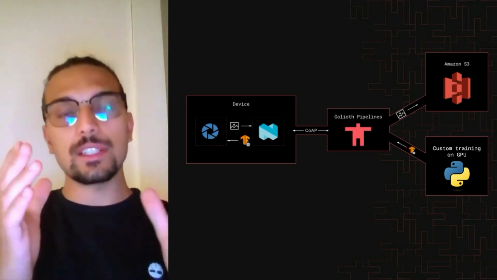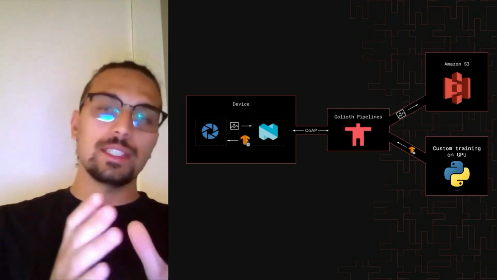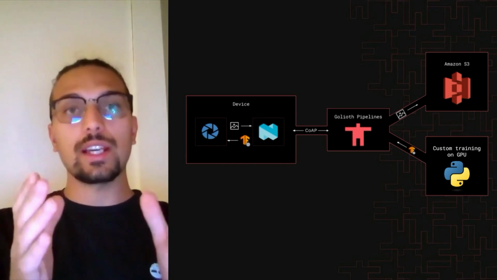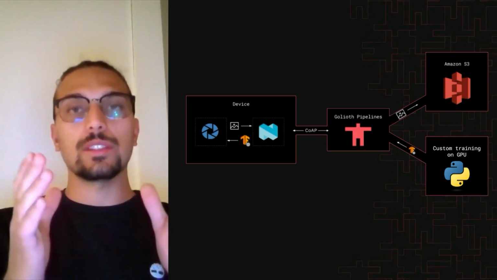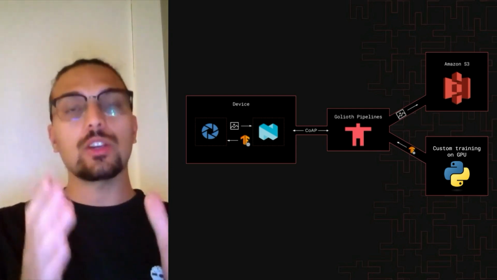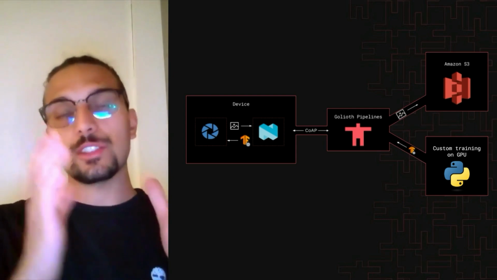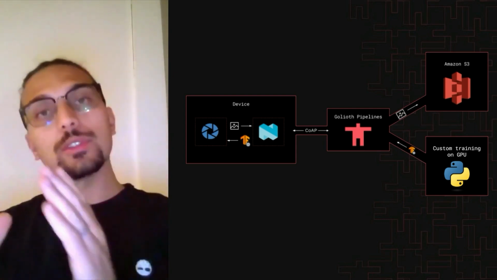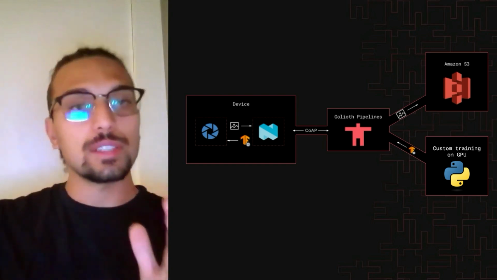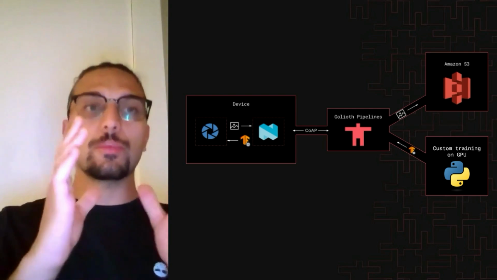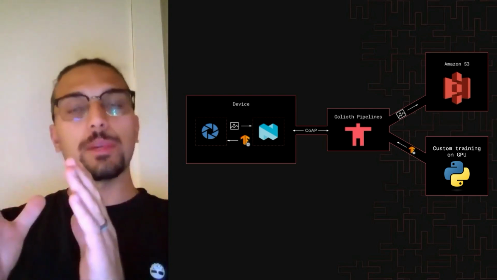And then this image was transferred over UART to the NRF board. And then by leveraging Golioth, using CoAP protocols over LTE-M, we could then blockwise transfer this image up to Golioth. And then by using these pipelines here, we could then forward this image from Golioth to our S3 bucket.